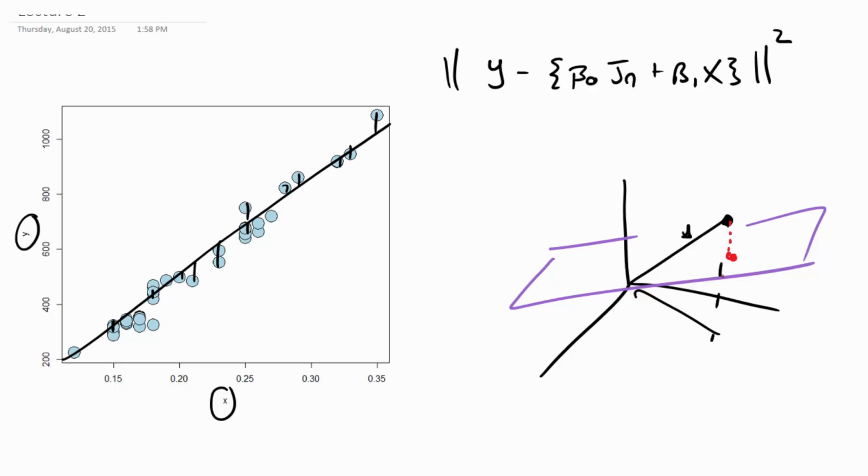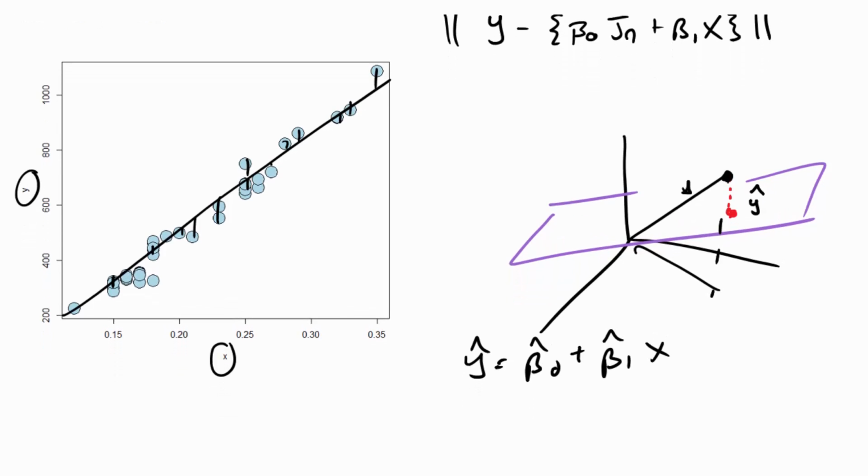The beta hat was the specific combination of jn and x that led to the point right here, the projection of y onto that plane, which we'll call y hat. So y hat is equal to beta naught hat plus beta 1 hat x. In this case, it's this whole vector.